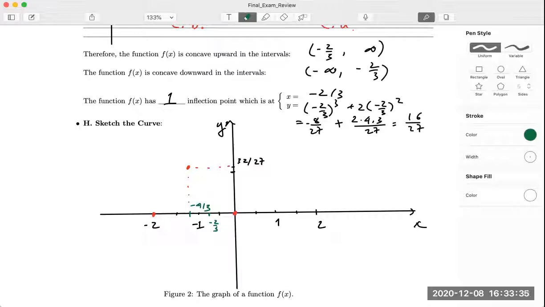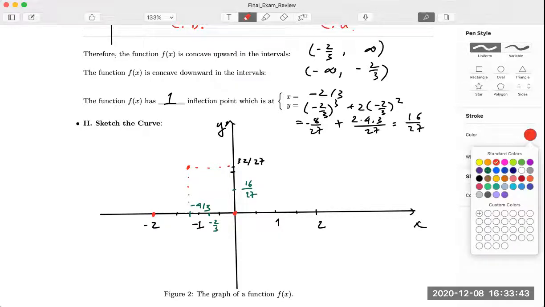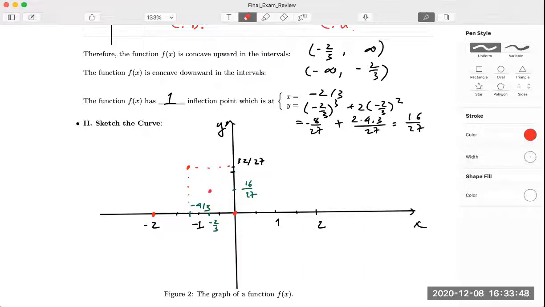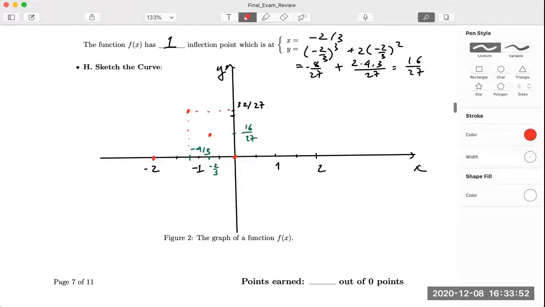It should be somewhere here. Okay, it means that it goes through this point. Okay, very good. When x goes to negative infinity, y will be very negative, below here. It will go to this point, reach this point, and it goes down to the inflection point here.